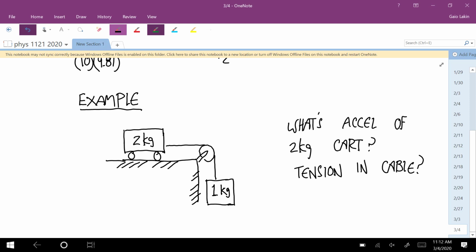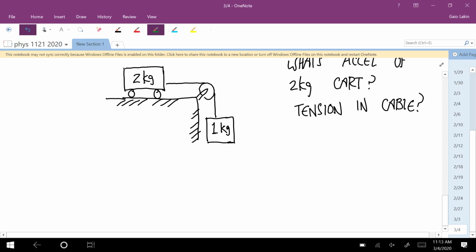So whatever the position change of this one is in the negative y direction, that's the position change of this one in the positive x, and that's true of velocities and accelerations too. So this one has an acceleration of a in the negative y direction, and this one is going to have an acceleration of a in the positive x direction. I'll show you where that comes up in this problem, but we're going to have to use that fact.